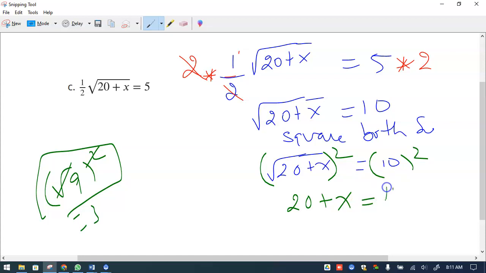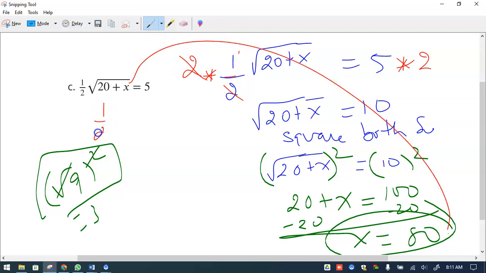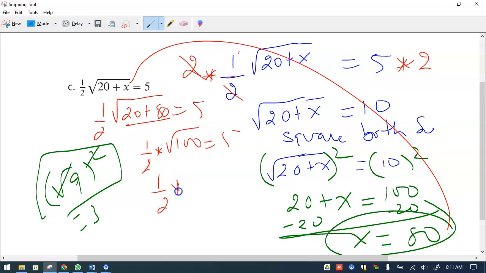So this equals 100, 10 times 10, and then subtract 20, you get 80. And you're done. You can also check whether your answer is correct by plugging in this 80. You get square root of 20 plus 80, which is square root of 100, which is 10, and half of 10 is 5, and that is true.